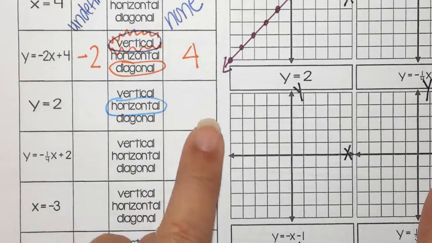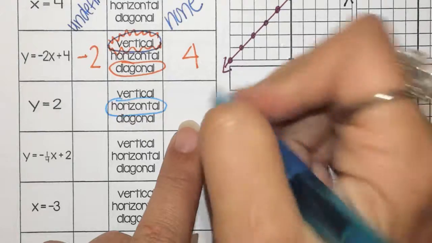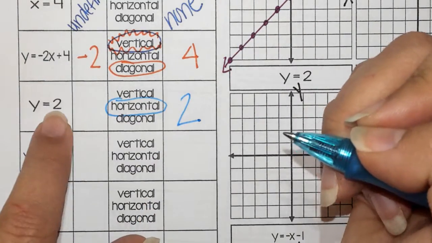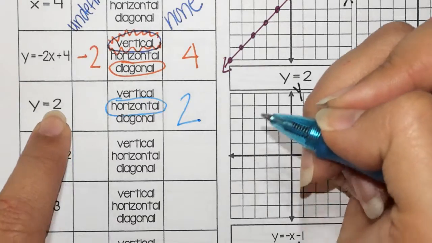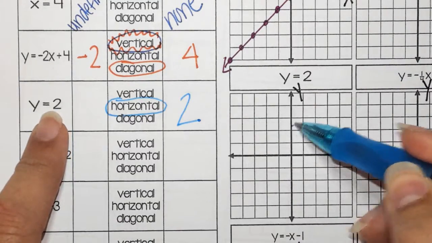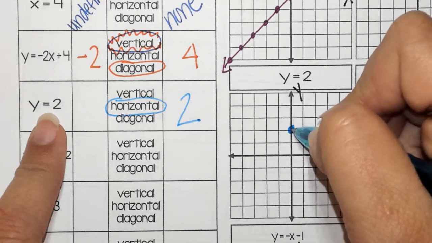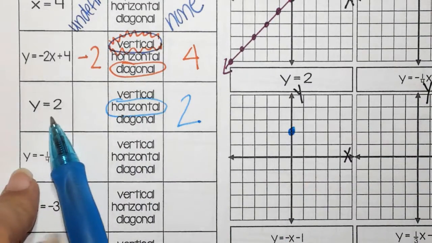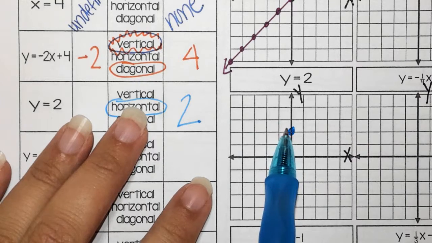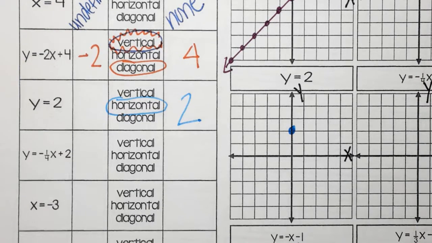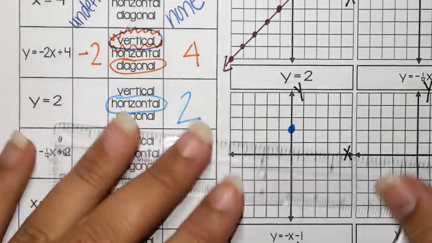Now, what is my y-intercept then? 2, because it says y equals 2. So do I go up 2 or right 2? Up, because it's y equals. So horizontal, does that mean that it's diagonal or left to right, Paris? It is. Yes. Take a point.